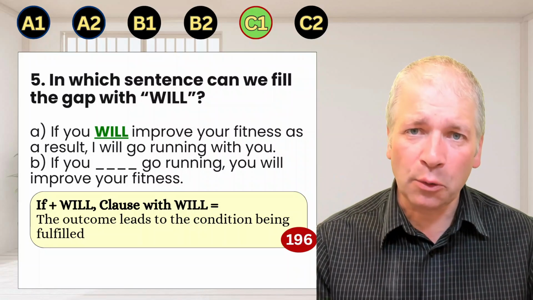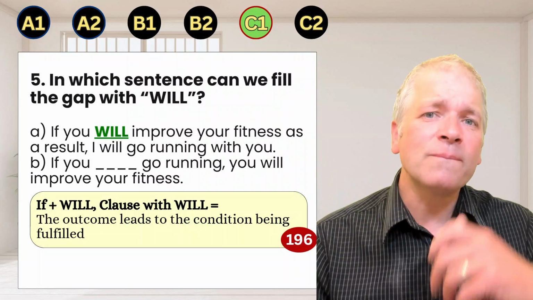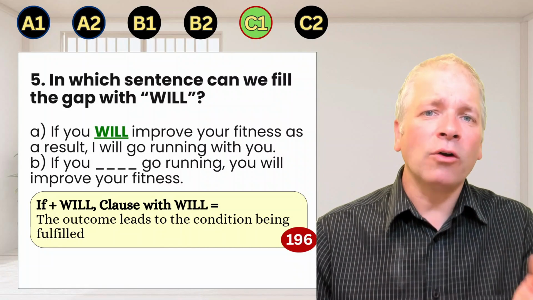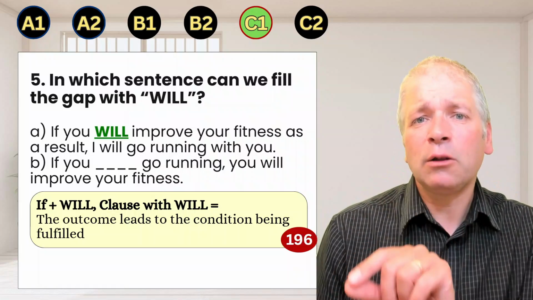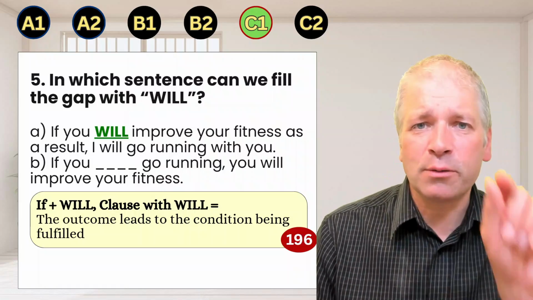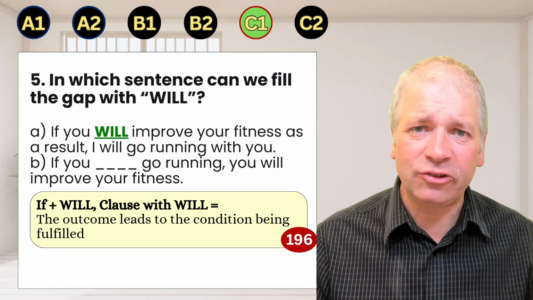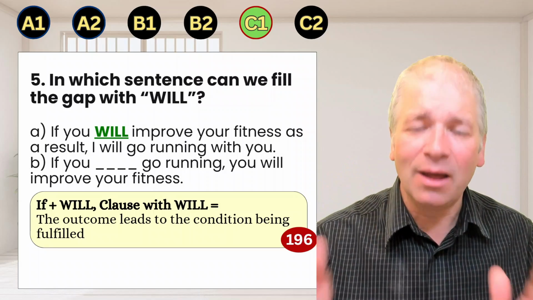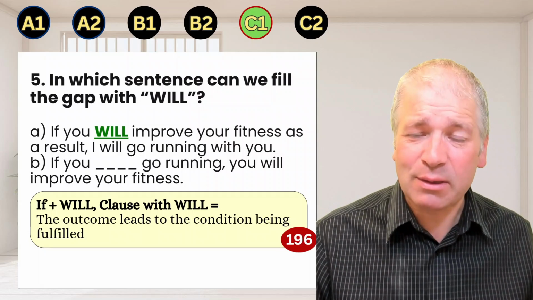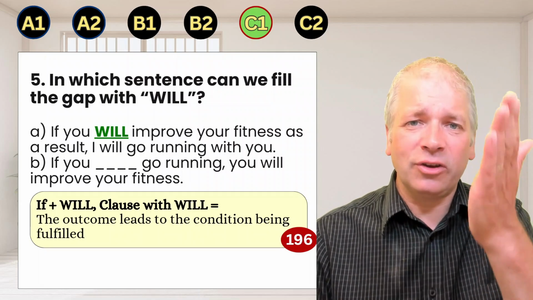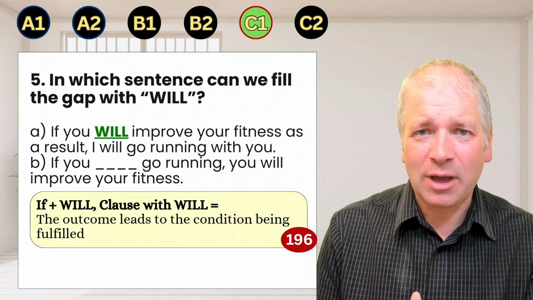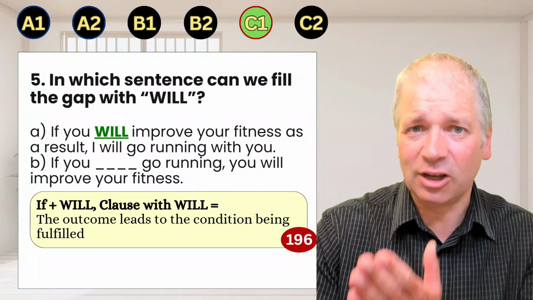So the second clause comes before the first clause. And the person will only agree on condition that the second clause leads to the first clause. And when that's the situation, we put will in the if clause to make it clear that to agree to this situation, the condition in the first clause must follow as a result of the outcome in the second clause.